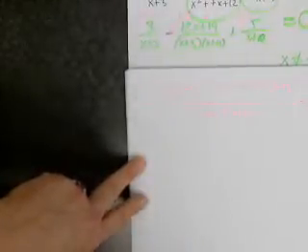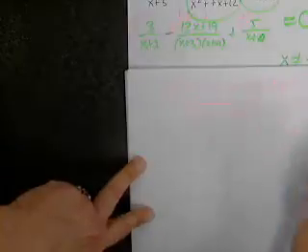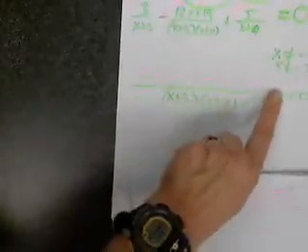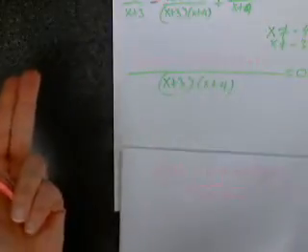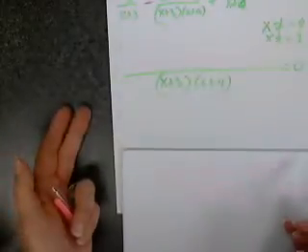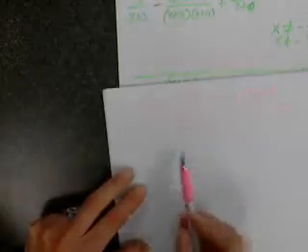Is this allowed? No. That's why I don't write this. I write this because I'm hoping that you are not going to be tempted to simplify x plus 3 with anything from the top and x plus 4 with anything from the top. So it's okay if you write this, but you cannot simplify. You have to distribute, combine like terms.